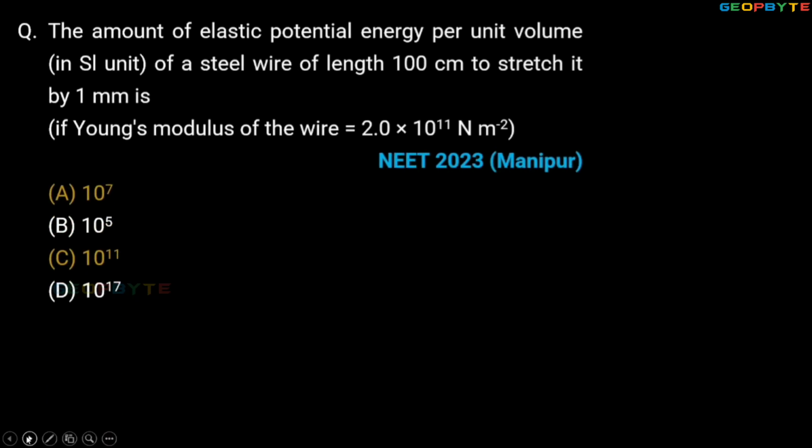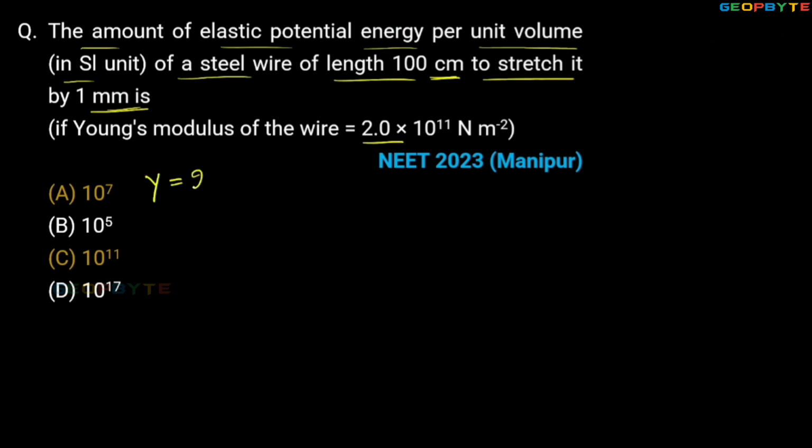Look at this problem. Asking like this. The amount of elastic potential energy per unit volume in SI unit of steel wire of length 100 centimeters, to stretch it by 1 mm, is given Young's modulus. Here Young's modulus Y equal to 2 into 10 power 11 given in Newton per meter square.